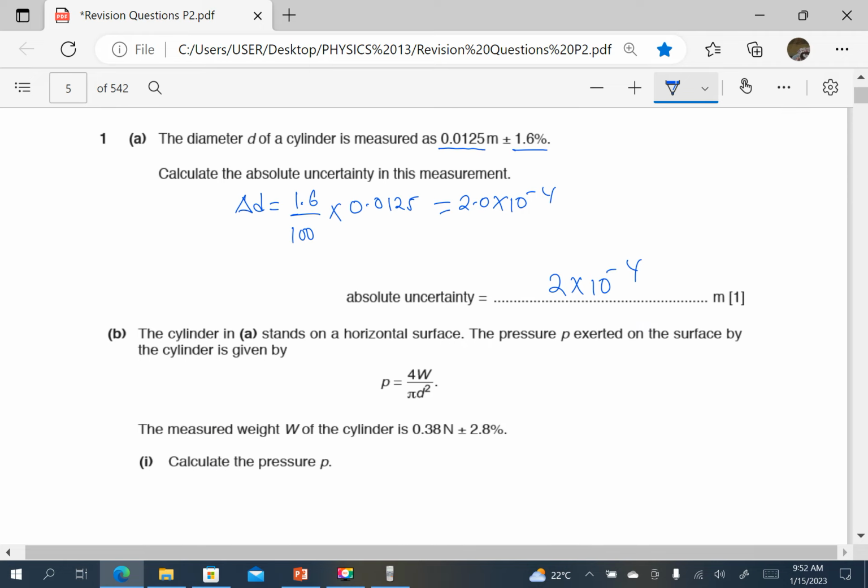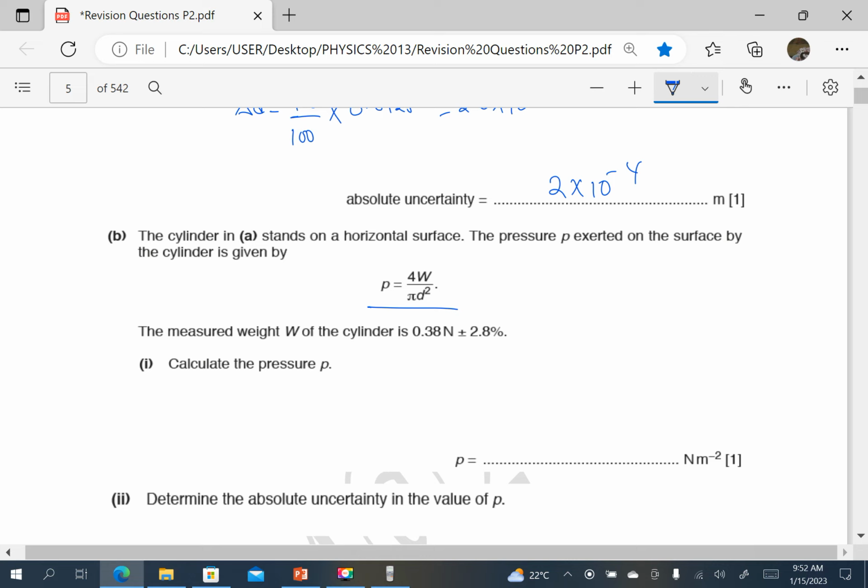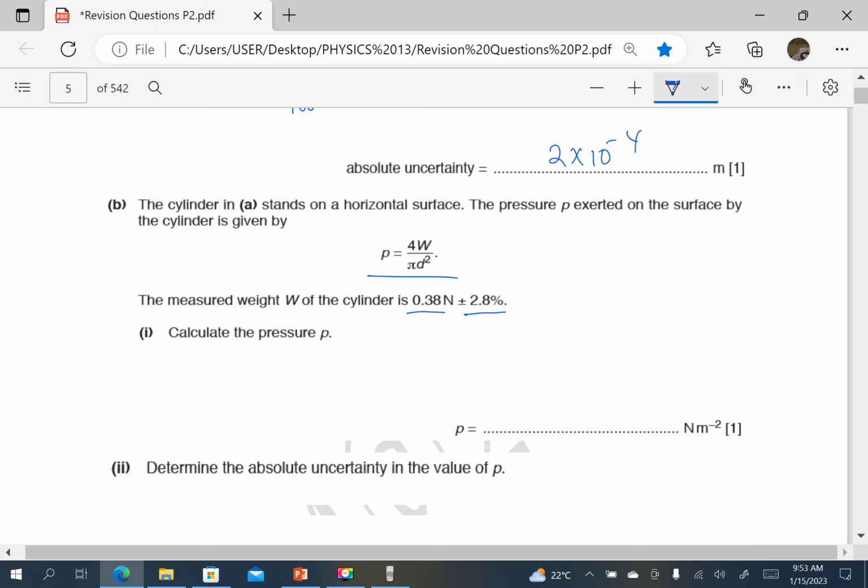Then the cylinder in A stands on a horizontal surface. The pressure P exerted on the surface by the cylinder is given by that expression. The measured weight W of the cylinder is 0.38 newtons plus or minus 2.8%. Calculate the pressure P. So pressure P, we shall just substitute.